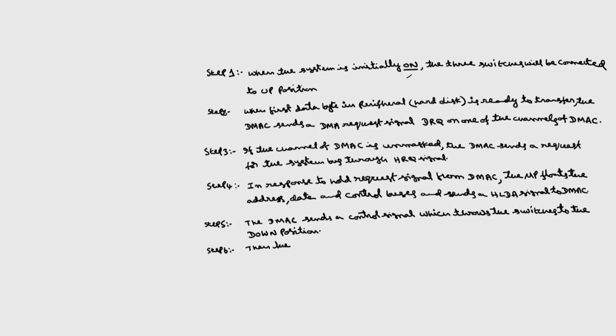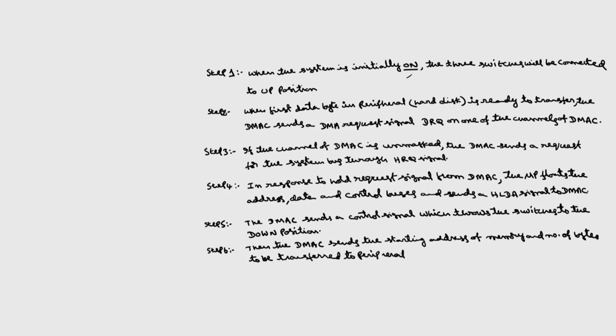Then the DMA controller sends the starting address of memory and the number of bytes to be transferred to DMA peripheral, and sends acknowledge signal, say DMA acknowledge signal, DMA ACK signal to peripheral.